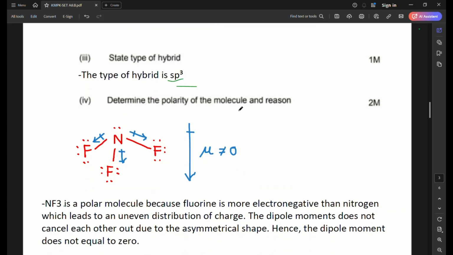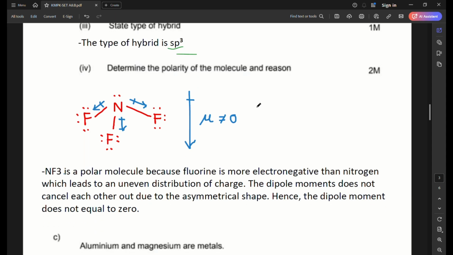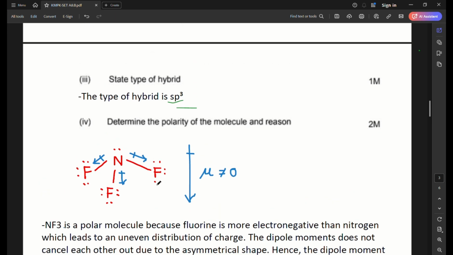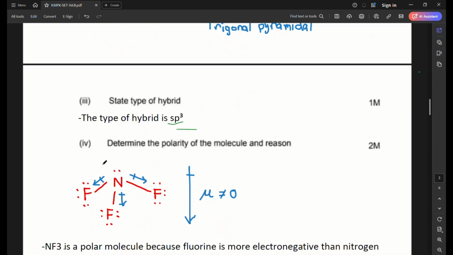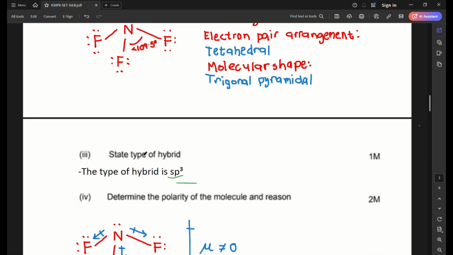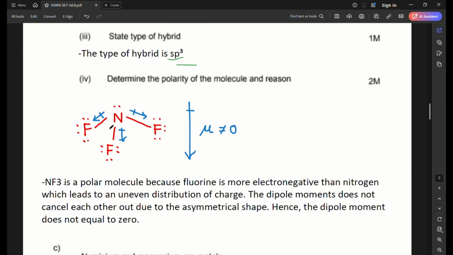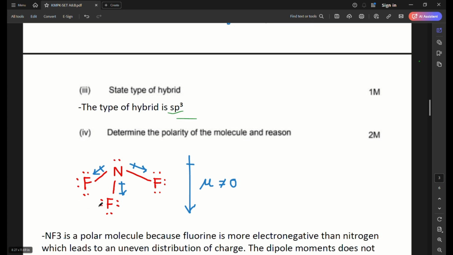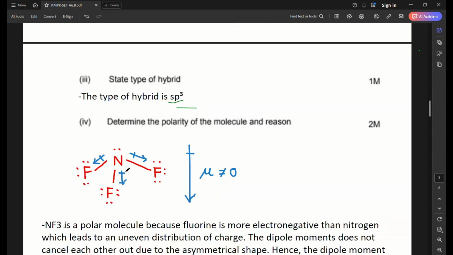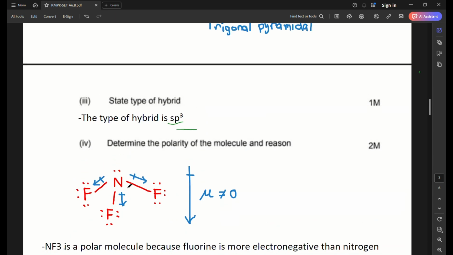Do the next one. Determine the polarity of the molecule and the reason. To determine the polarity of the molecule, you need to draw the molecular shape of the molecule. So for NF3, just like the above, and then you need to determine which one is more electronegative. As you all know, F is more electronegative than N. Hence, the charge distribution is going to be uneven because F is more electronegative.